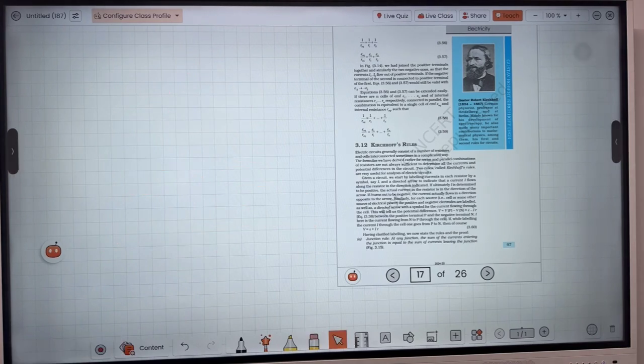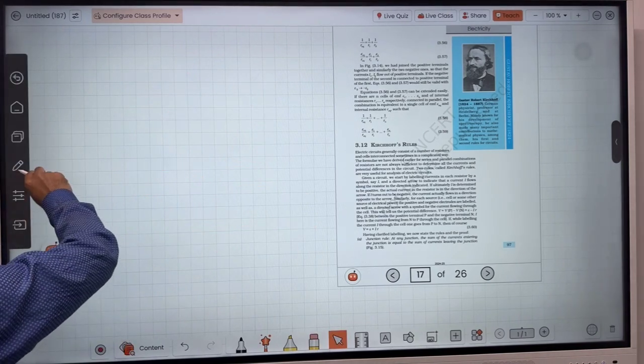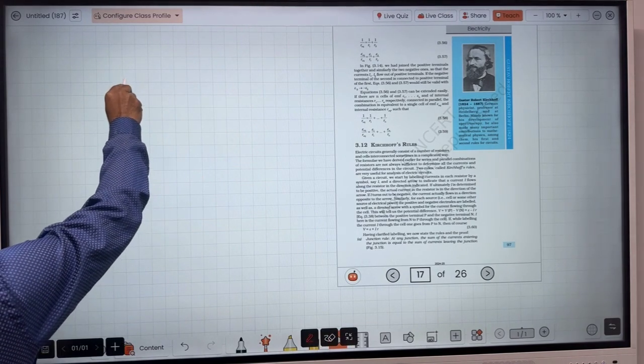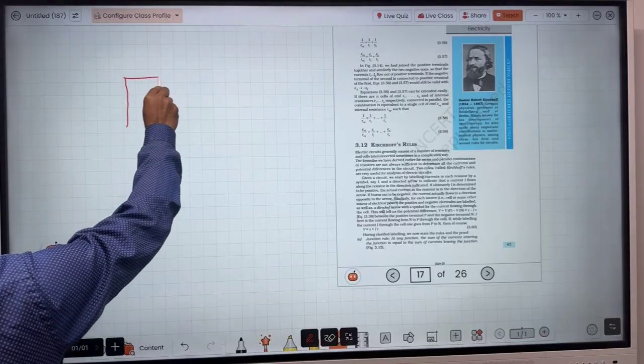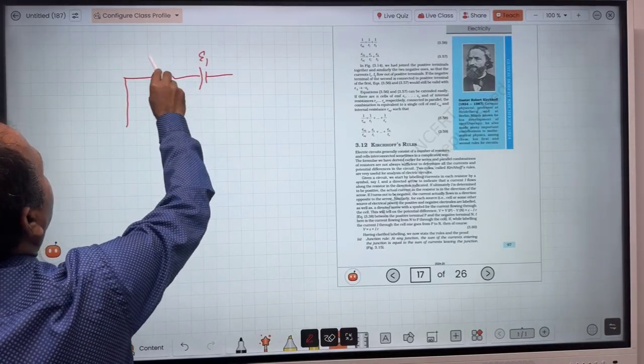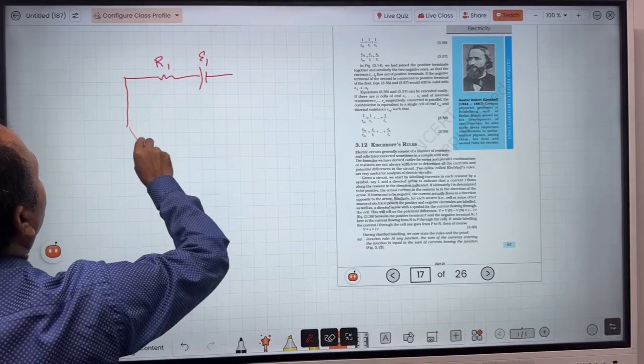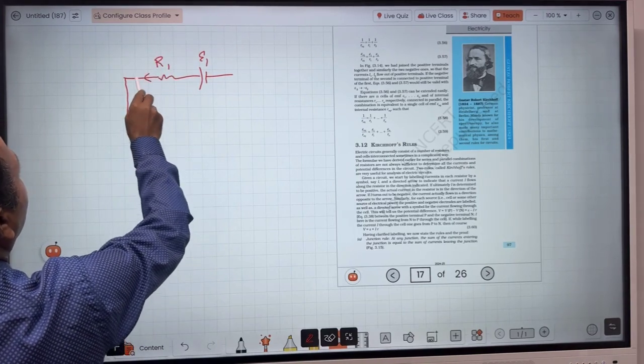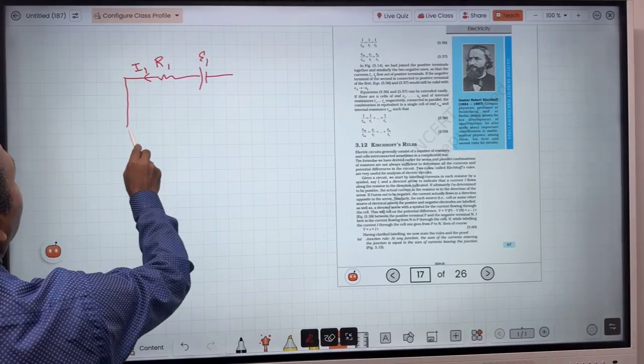If there are many currents, in that case what would happen? So let's see another loop. So we are considering one complex loop here. Suppose there is one cell here E1, this is say R1, and suppose current is coming in this direction. Say this is I1.